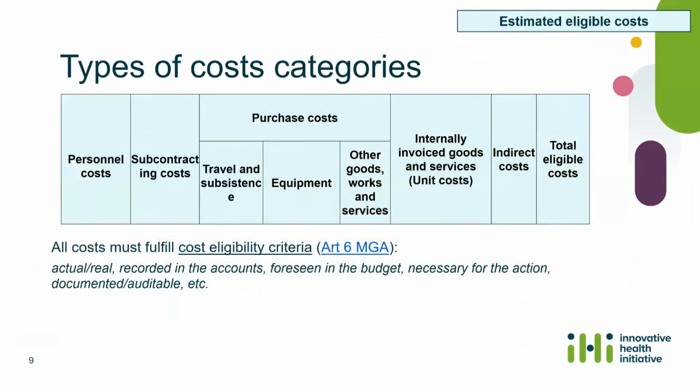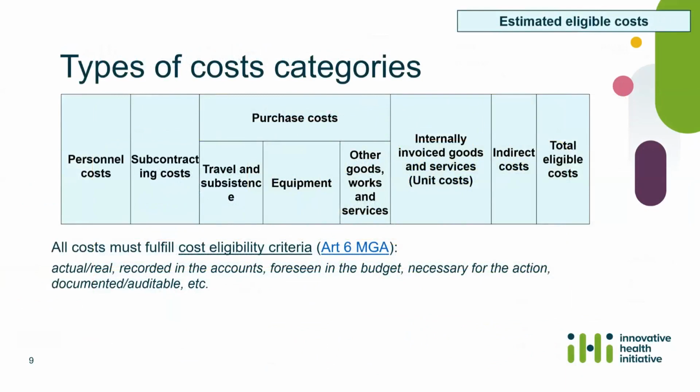And here are the different types of cost categories you can have. So personnel, subcontracting, purchase cost, and so on. What is important here is that all your costs fulfill the cost eligibility criteria. So your costs, they need to be real, so not estimated. They need to be recorded in the accounts.